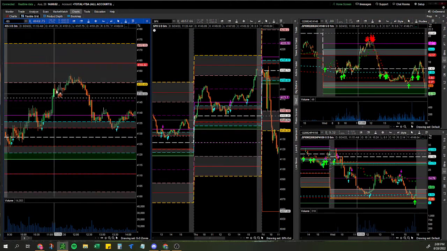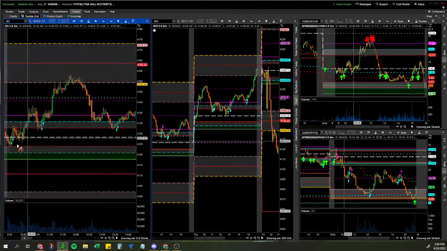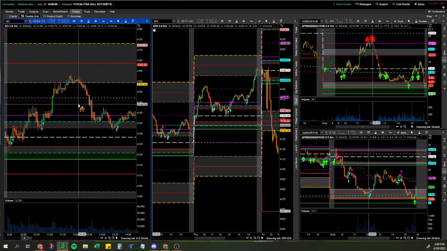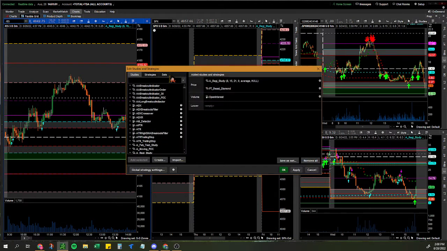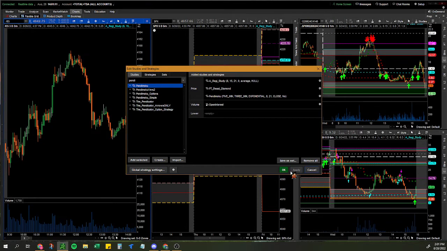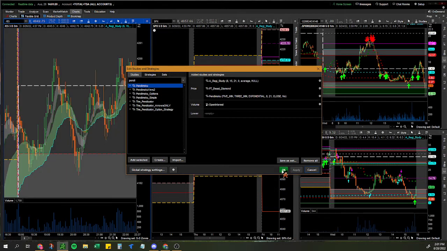We are bouncing at our burger top. We have a trend line from lows. I might even throw on moving averages. There we go. Yeah, market price action is going to dictate what decisions I make.